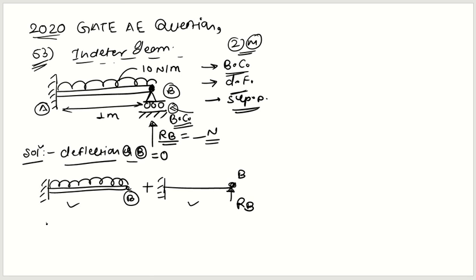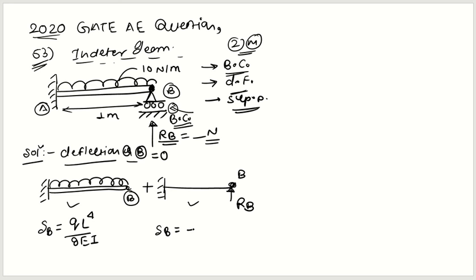So I will calculate the deflection for this beam at point B. I hope you know that this is nothing but qL to the power 4 divided by 8EI. Simply, you should know this kind of standard formula and you can easily solve this kind of question. And we know the deflection at point B for this beam.